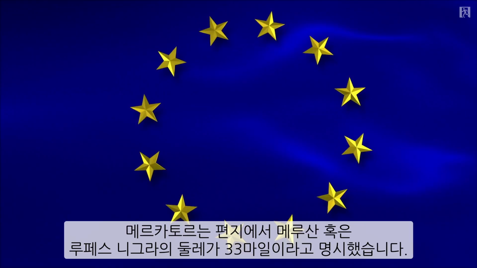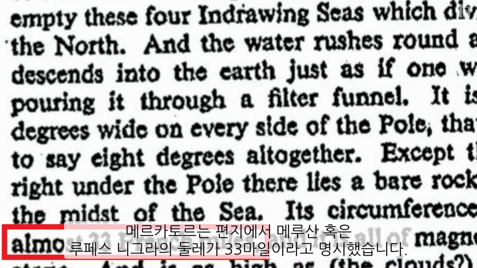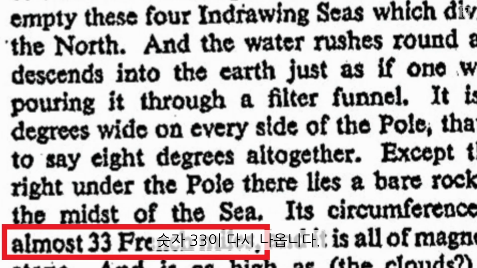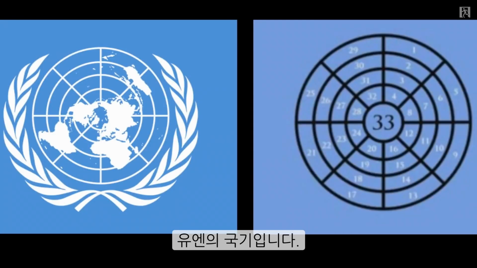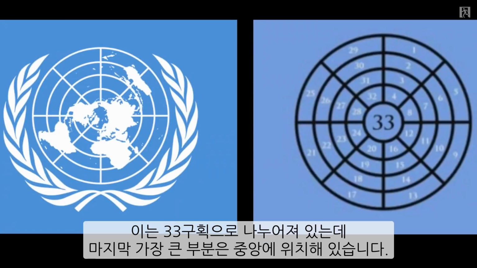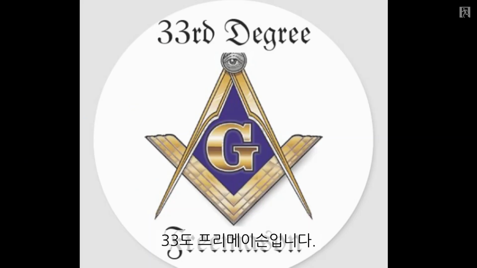Mercator's letter stated that Mount Meru, or Rupes Nigra, was 33 miles in circumference. 33 again. The United Nations flag, split into 33 sections, with the final, largest section falling in the center. 33rd degree Freemasonry.